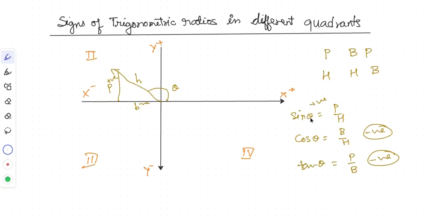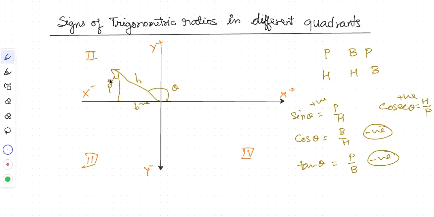Also the reciprocals. For example, sine theta is positive. So what is the reciprocal of sine theta? It's cosec theta, which is h upon p. So this also is positive because h and p both are positive.